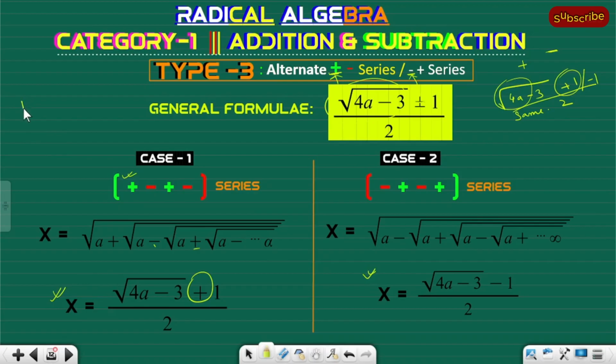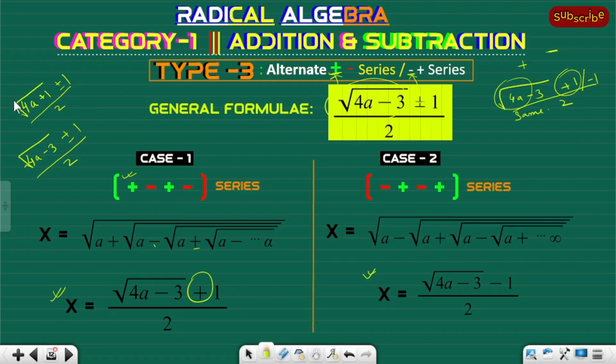In the previous formula, let's recall, we had 4a minus 1 under root, plus minus 1 by 2. Here in this case it is 4a minus 3, plus minus 1 by 2.